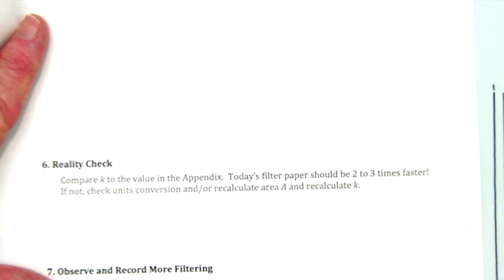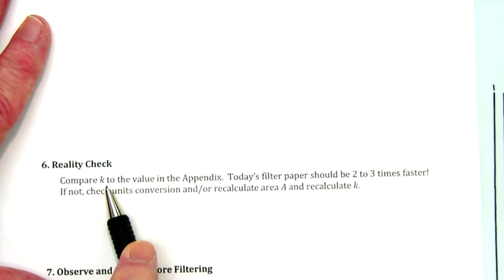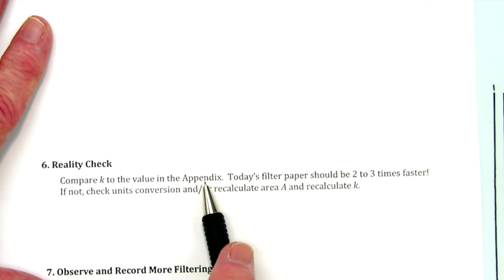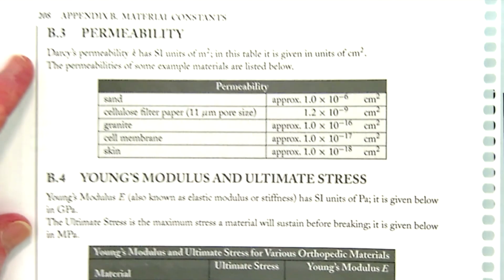And the reality check is you're going to compare your value that you just determined today to a value of another filter paper, cellulose filter paper, that's also found in the appendix. You're going to compare those 2 values. Let me show you where the value of K for the other filter paper is.